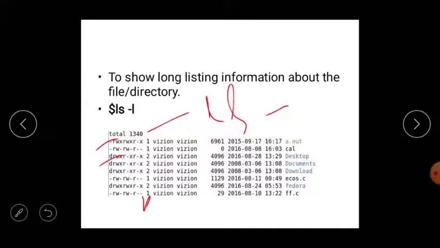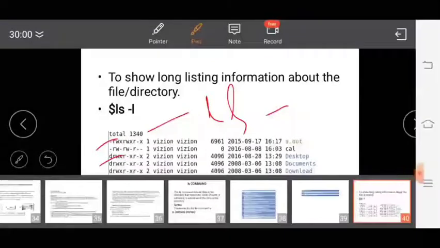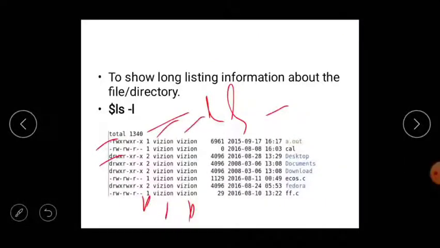Next, the third field specifies the owner. Who is the owner of the file? The next field tells the group. The fourth field specifies the group of the file. This is the owner, this is the group.